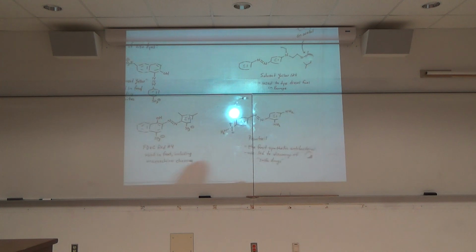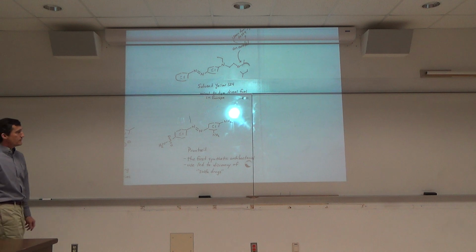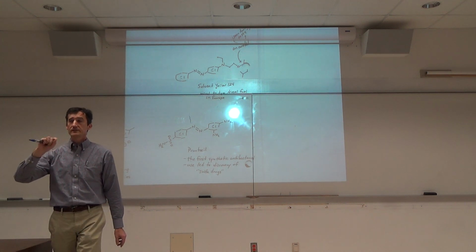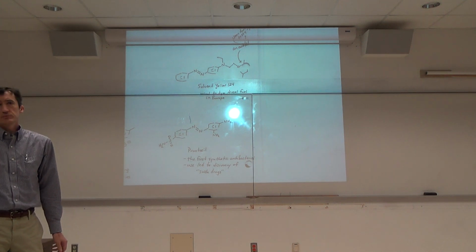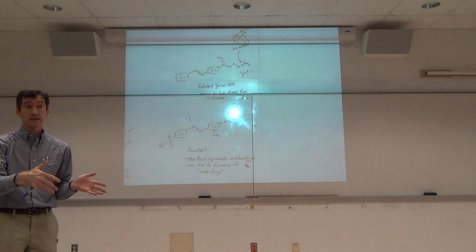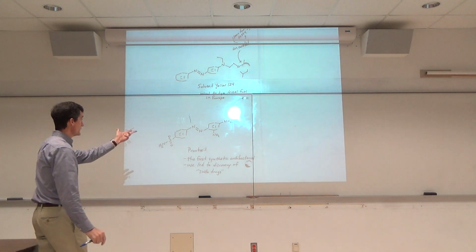Let's see. Prontosil, where do we know that one from? That was actually the first synthetic antibacterial. Way back, some guy, I think his name was Ehrlich, had this red dye they used for a variety of things. He decided to put the red dye on bacteria, and it killed them.